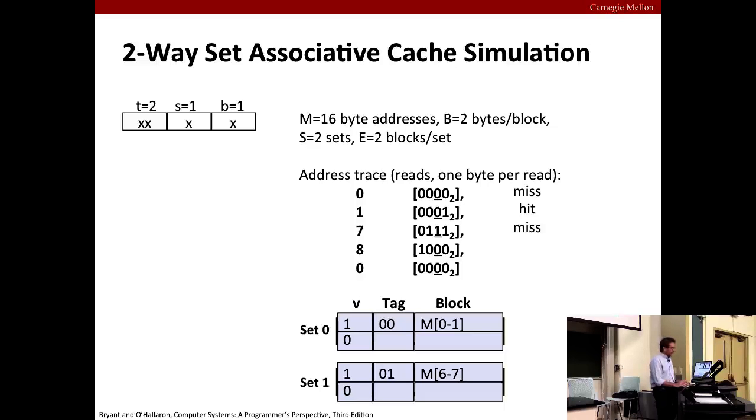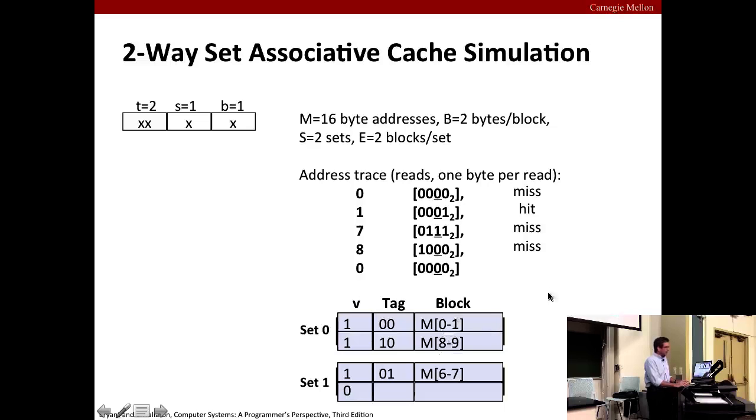When we reference address 8, the corresponding block has to go into set 0 because of this 0 set index bit. But we've got room now because our sets have room for two lines instead of one. So when we load that in, if we have an available empty slot, we'll put it there. We won't overwrite anything. If possible, we'll always try to overwrite empty lines. So now in this set we've got block 0, 1 and block 8, 9.